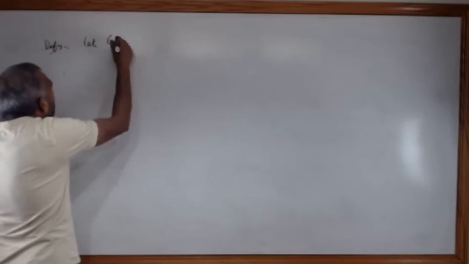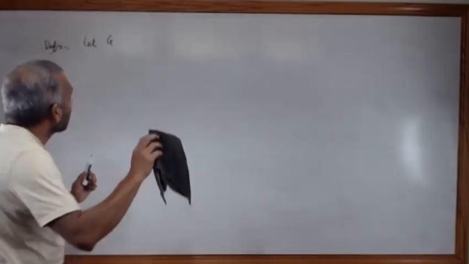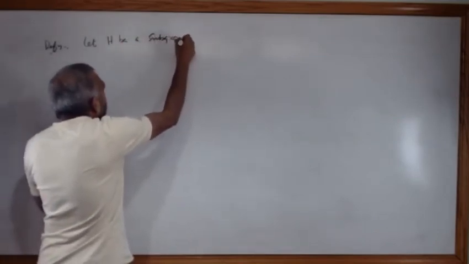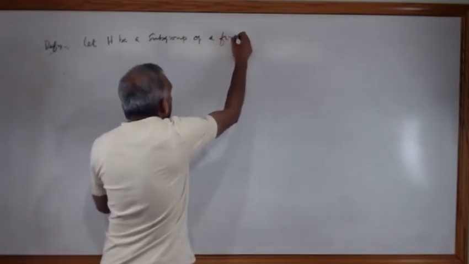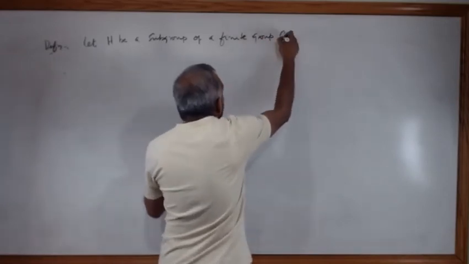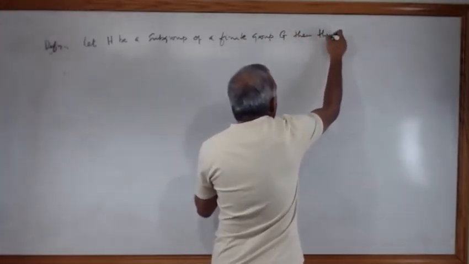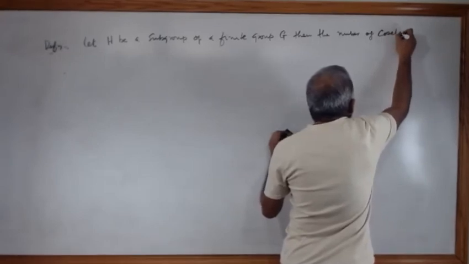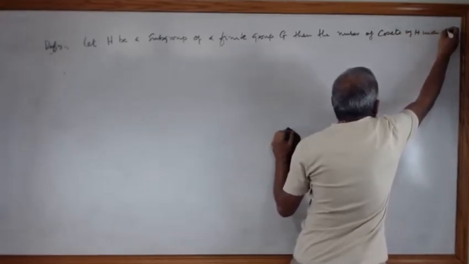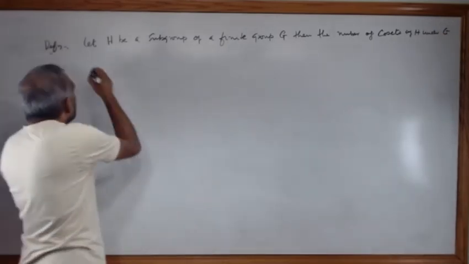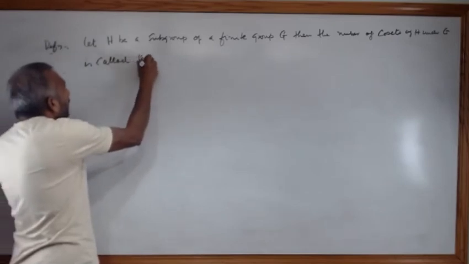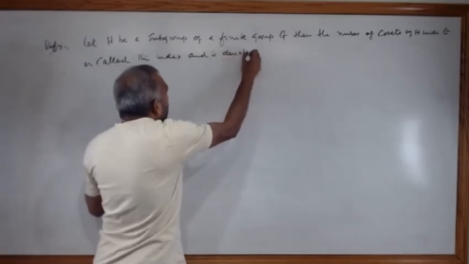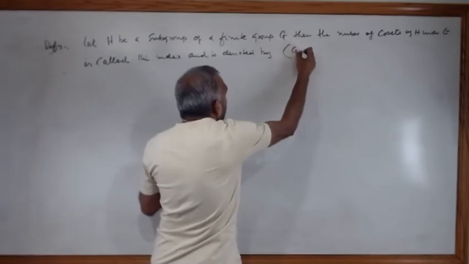Let H be a subgroup of a finite group G, then the number of cosets of H under G is called the index and is denoted by G colon H.